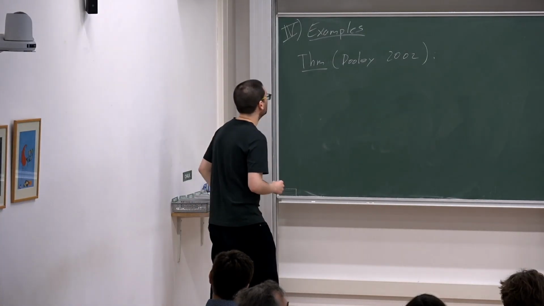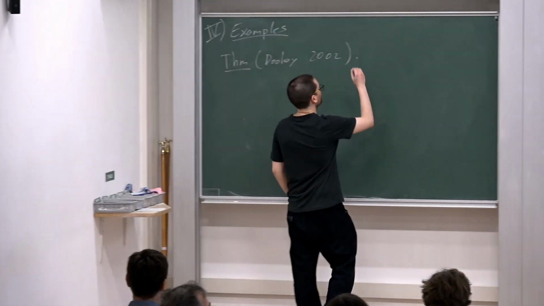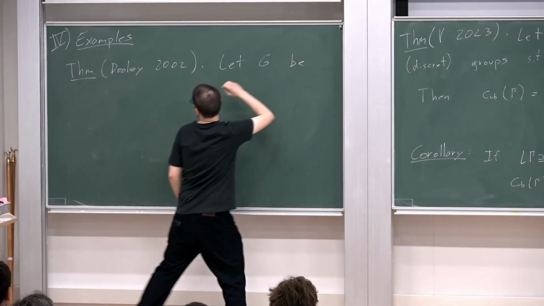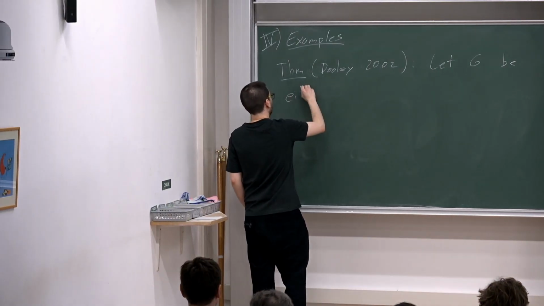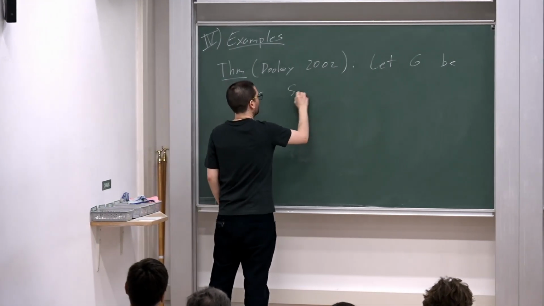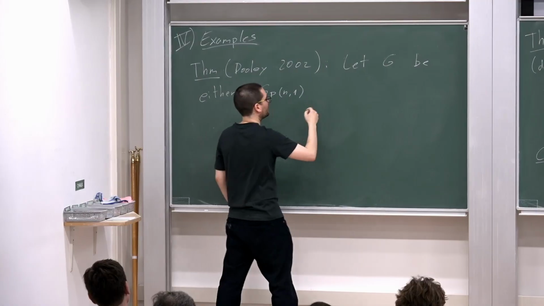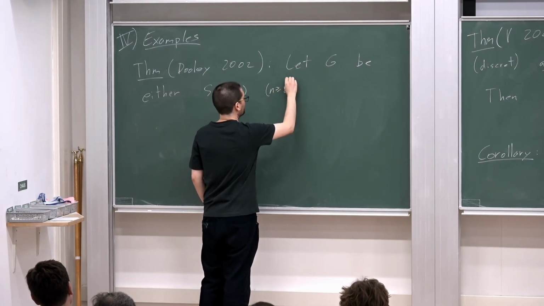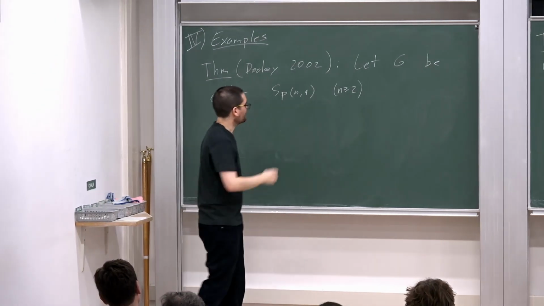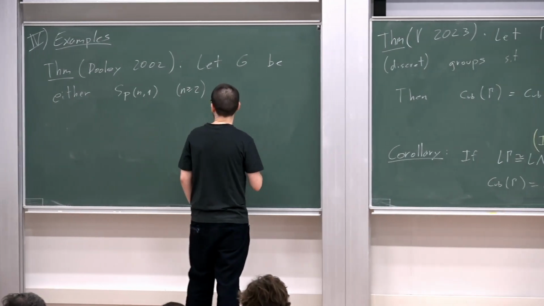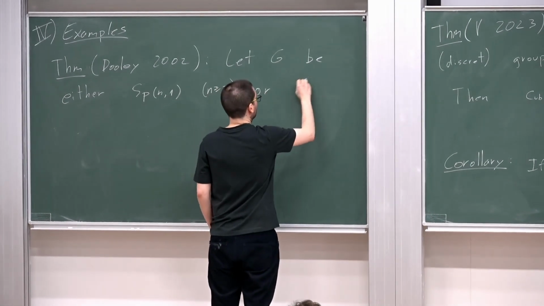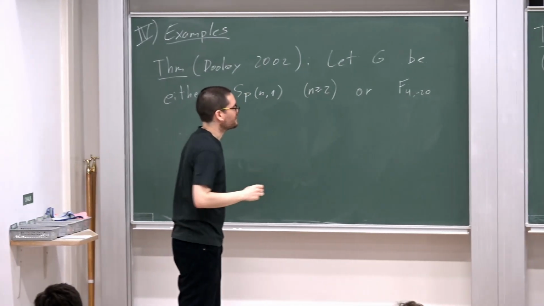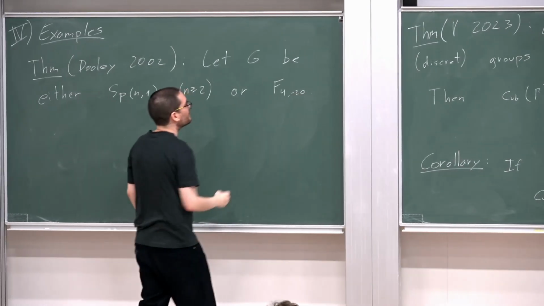And this theorem by Dooley says the following, so let G be either Sp(n,1), right? So this is the automorphism group of the n-dimensional hyperbolic space over the quaternions, or the exceptional Lie group F4 minus 20. This is a similar thing, but with the octonions.